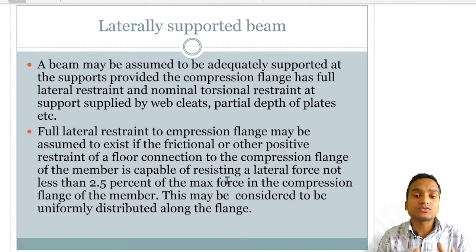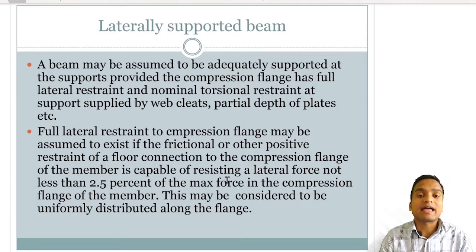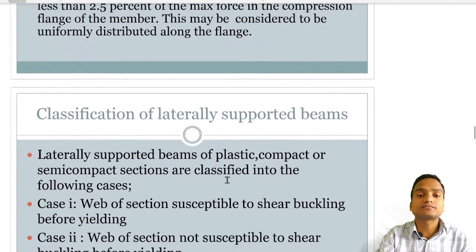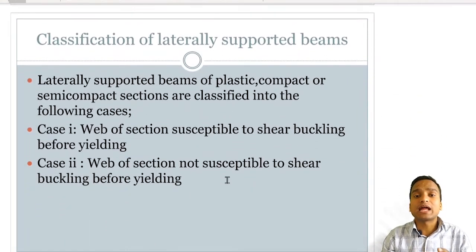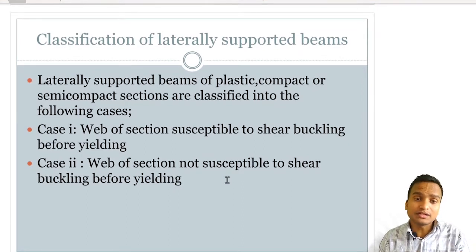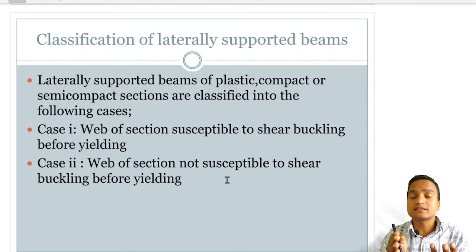Lateral restraint can be provided by the floor slab also, which is applied on the beams, and this may be considered to be uniformly distributed along the flange. In the laterally supported beams, there can be three types of sections: plastic section, compact section, and semi-compact section. And slender sections we do not design, because they buckle even before reaching the yield stress.